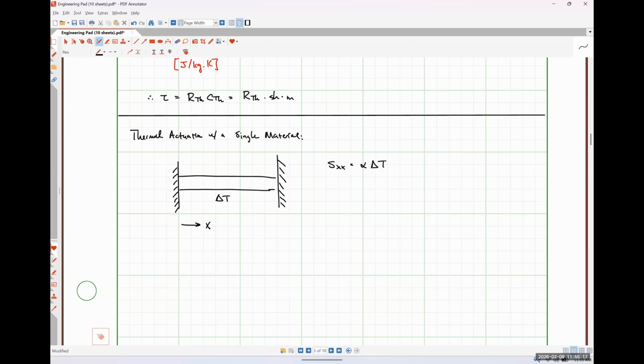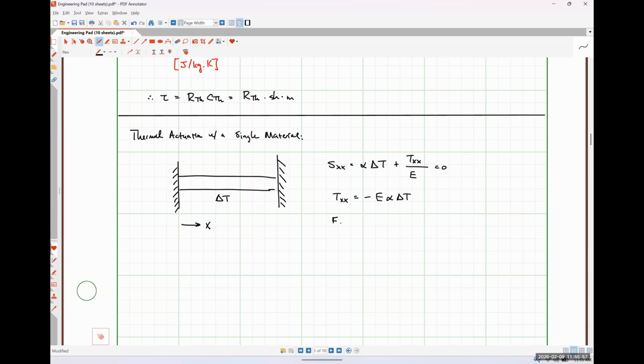So what we should find is that we're actually going to have this thermal strain and our induced strain in the system sum to zero, which means that our stress is going to be negative Young's modulus times our coefficient of thermal expansion times our change in temperature.